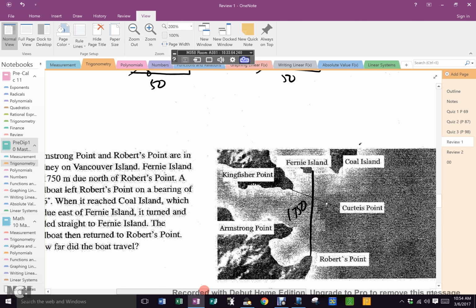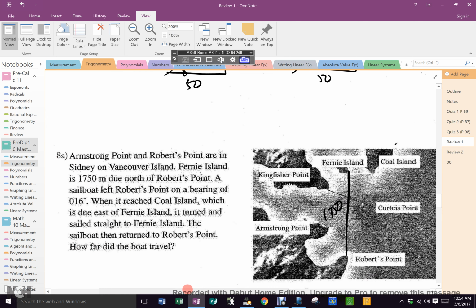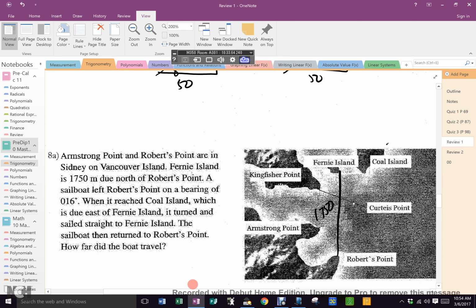Then I head over to sailboat leaves Roberts Point at 16 degrees, hits Coal Island, goes over there. You find all of them using what? Sine, cos, or tan, whatever you want. There's no right way to do it, yes? Then you're going to get a hypotenuse, then you're going to get an opposite to 16, and you're going to add them all up.